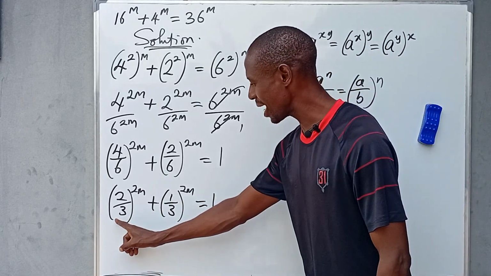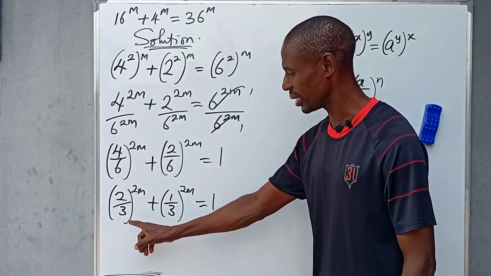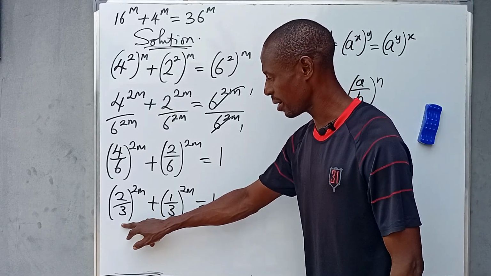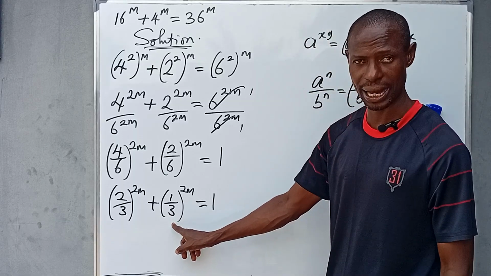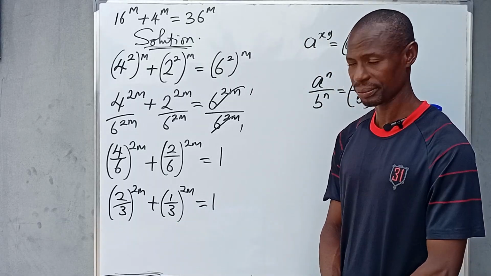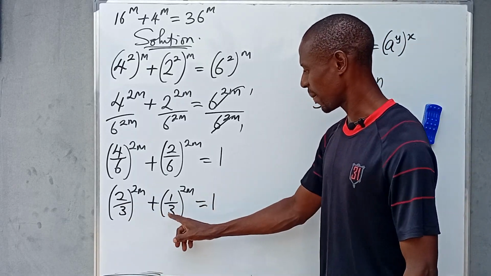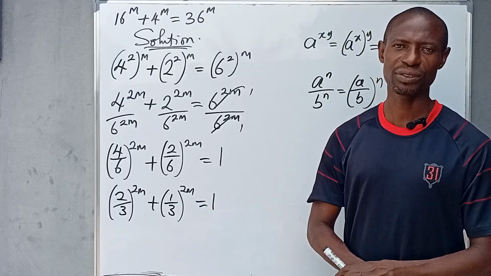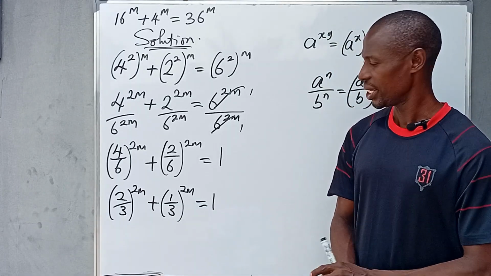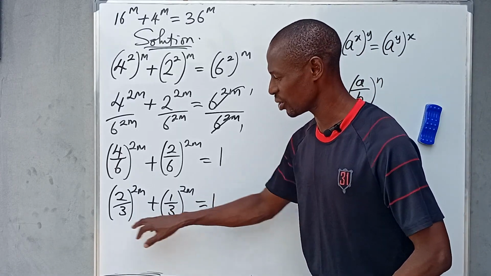Now if you look at the terms inside the brackets, you discover that if we add 2 over 3 plus 1 over 3 together, that will give us 1. So we just have to rewrite 1 in terms of these quantities we have here.